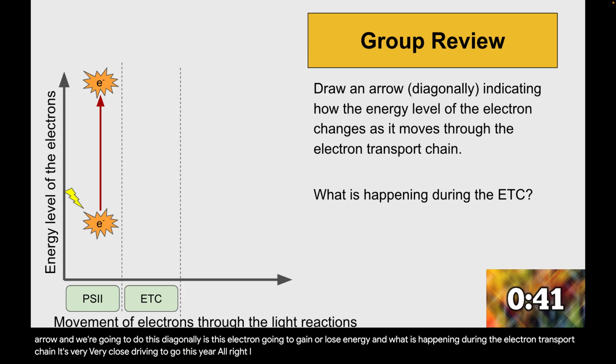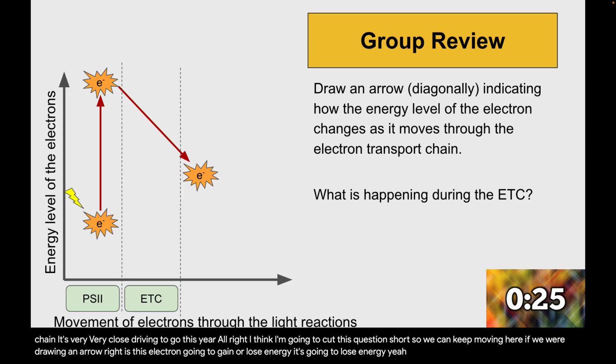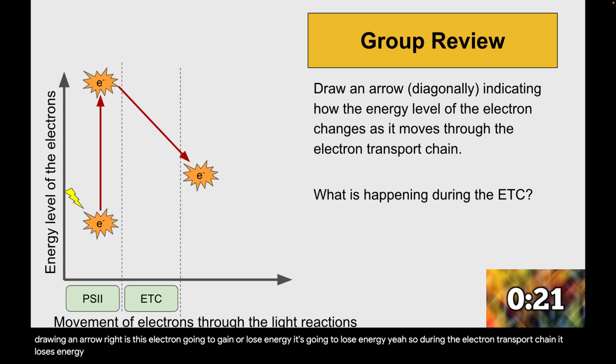All right, I think I'm going to cut this question short so we can keep moving here. If we were drawing an arrow, is this electron going to gain or lose energy? It's going to lose energy, yeah. So during the electron transport chain, it loses energy. And what's happening during the electron transport chain? What is this electron providing energy for?